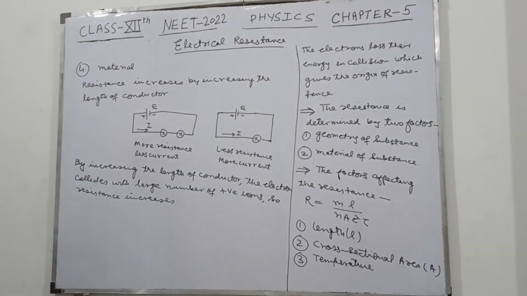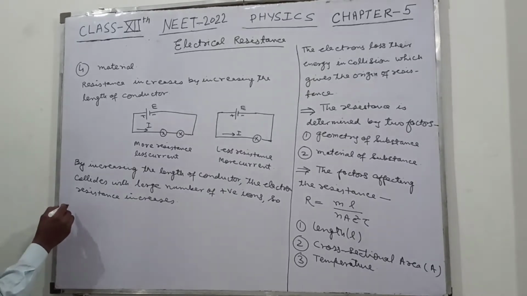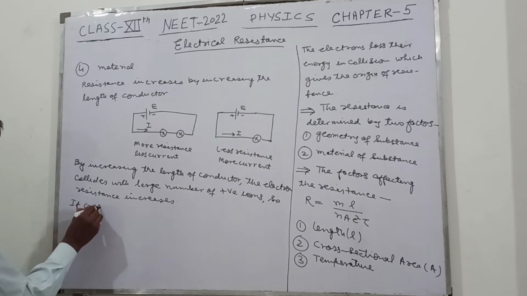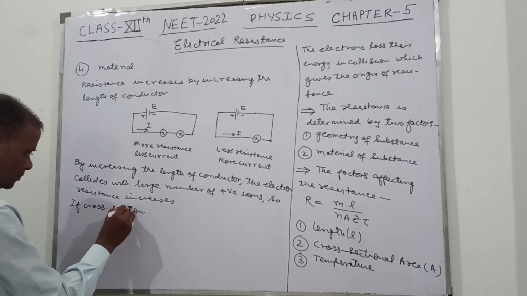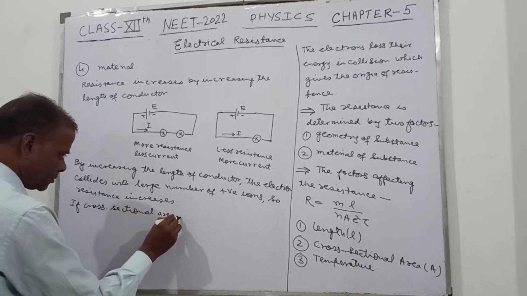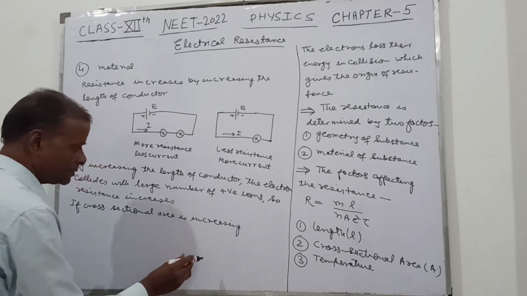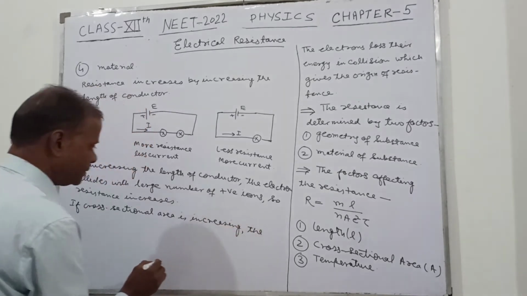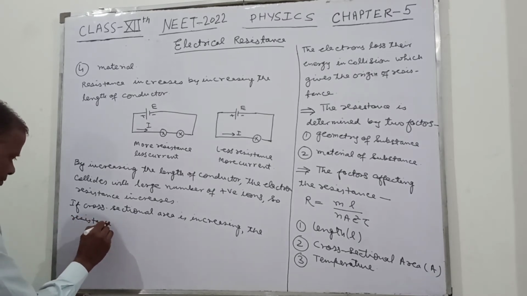And in case of area of cross section, if the cross-sectional area is increased, the resistance decreases.